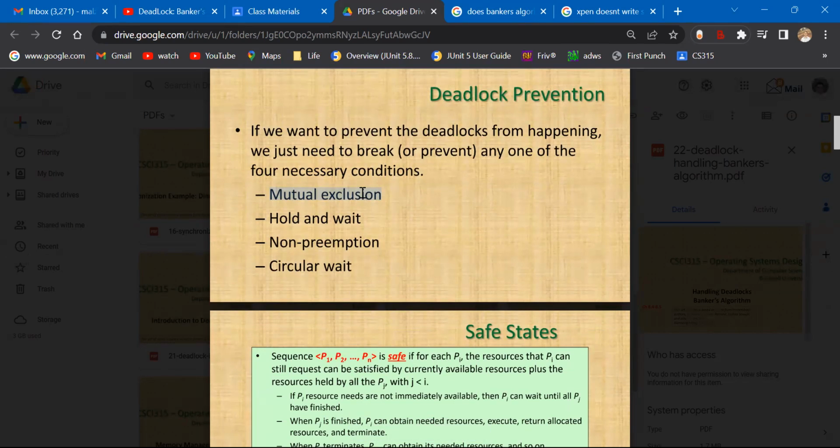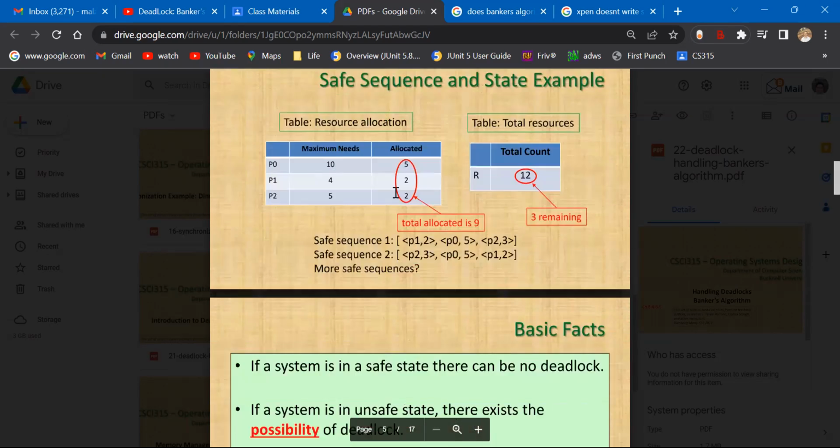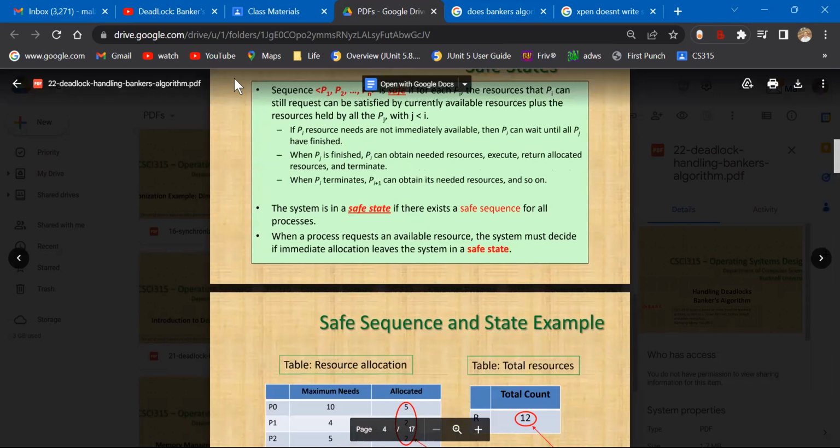In order to prevent deadlocks, we have these 4 conditions, and we could break any of them to avoid a deadlock. One of them is mutual exclusion. If we can get rid of that, then we'd have fixed our problem, and that's what Banker's algorithm promises us. So let's move on to the whiteboard and take a look at how it works.